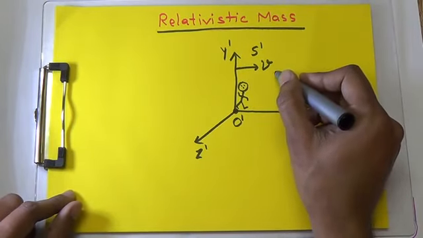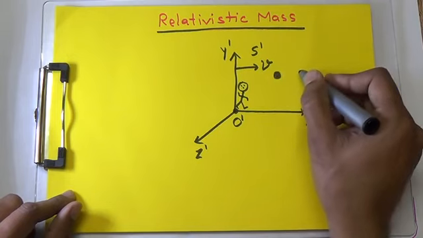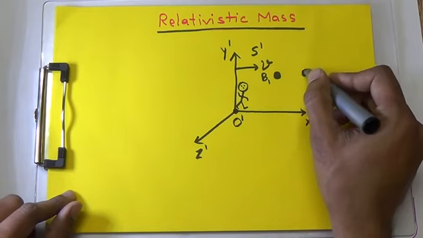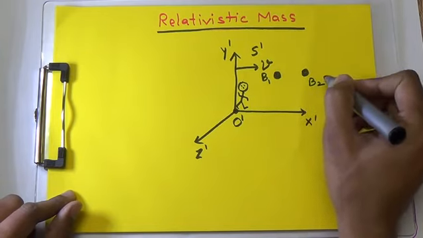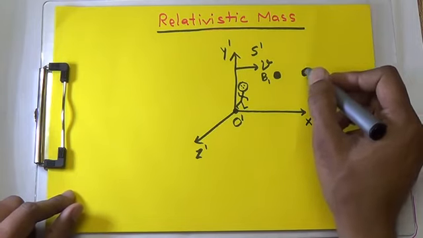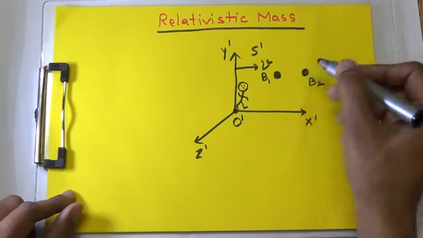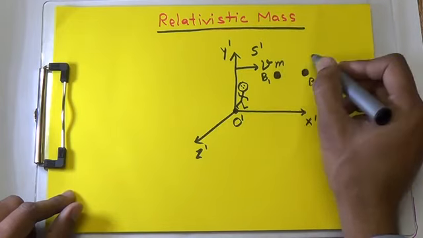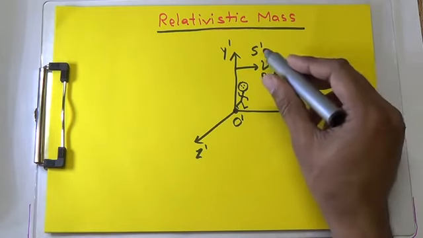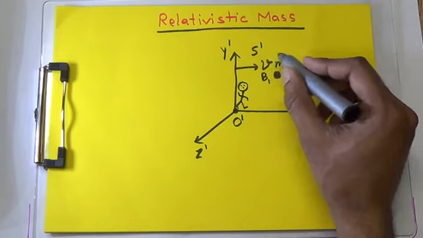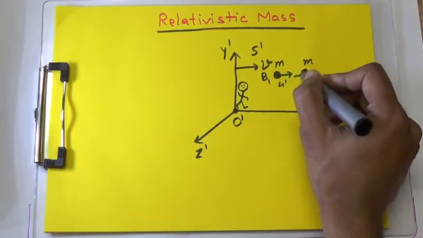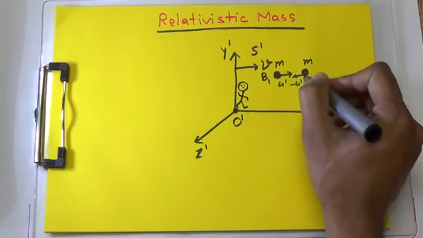We are taking two balls of the same mass, ball B1 and ball B2, approaching each other, each having the same mass m, in the S prime frame with equal speeds u prime and minus u prime.